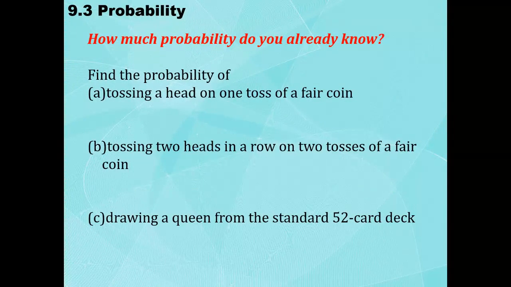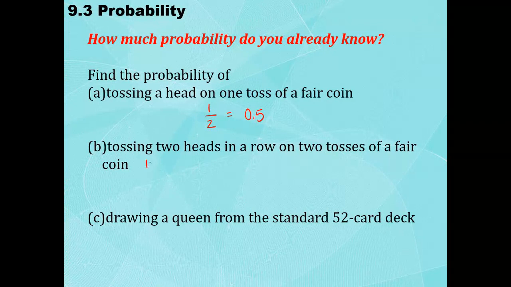So let's see what we already know about probability. Find the probability of tossing a head on one toss of a fair coin. That's 1/2, a 50-50 chance. What about tossing two heads in a row on two tosses of a fair coin?